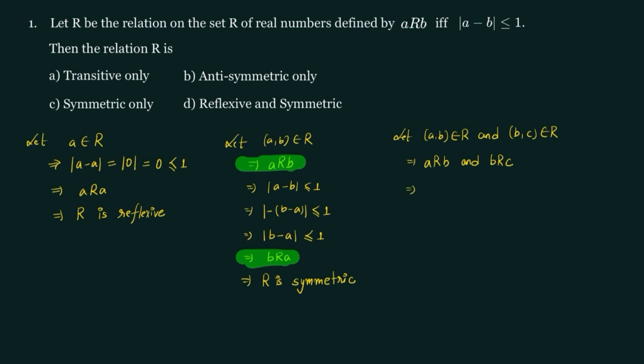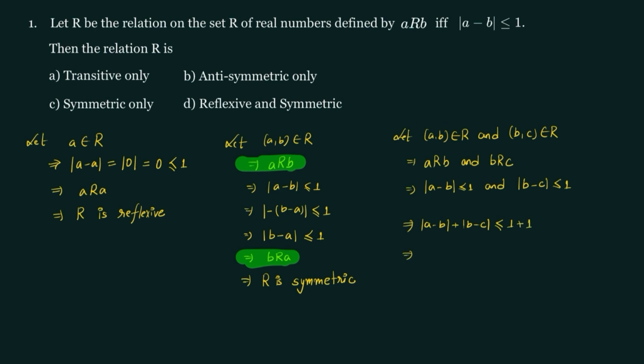From the definition, if A is related to B, then modulus of A minus B is less than or equal to 1, and modulus of B minus C will be less than or equal to 1. Now, if I add these two inequations, we will have modulus of A minus B plus modulus of B minus C less than or equal to 1 plus 1.